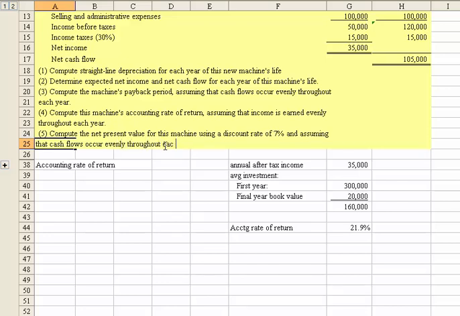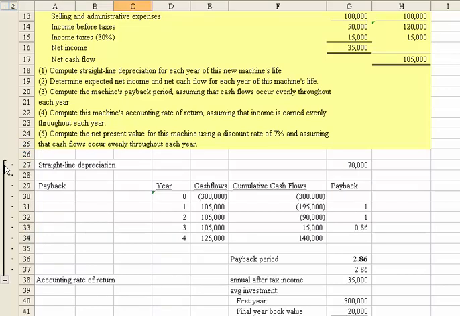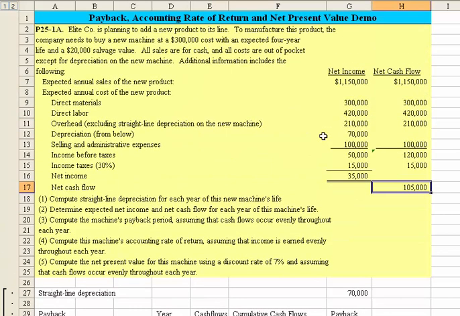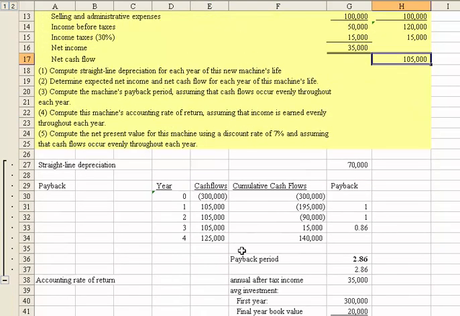Okay, now let's open this back up so we can look at where we worked on the payback. Right there is our cash flows that we generated before. And remember, we had a $300,000 initial cost of the equipment. Then we were going to generate the $105,000 cash flow, which we computed right there in our schedule of net cash flow. Okay, let me slide back down.